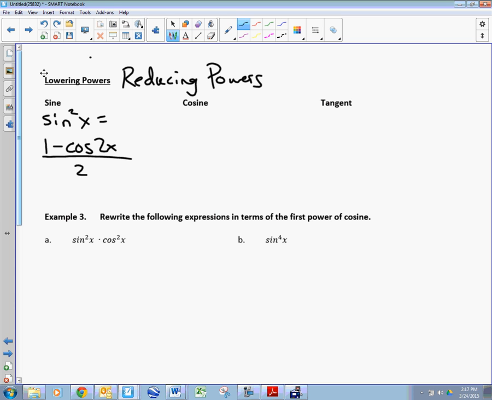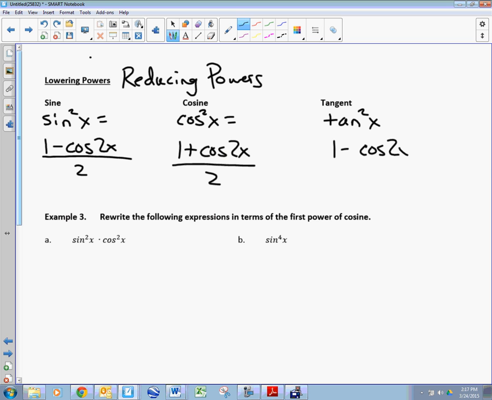Okay? So cosine squared of x is equal to 1 plus cosine of 2x over 2. And tangent squared of x is equal to 1 minus cosine of 2x over 1 plus cosine of 2x.